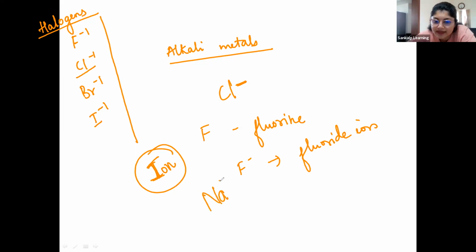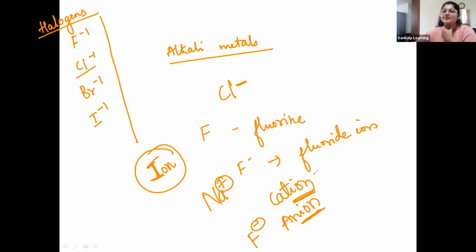Now sodium Na plus is an ion. This is a cation, because it is having a positive charge. And when you have a negative charge, it is called an anion. So ion is common here, you can see.